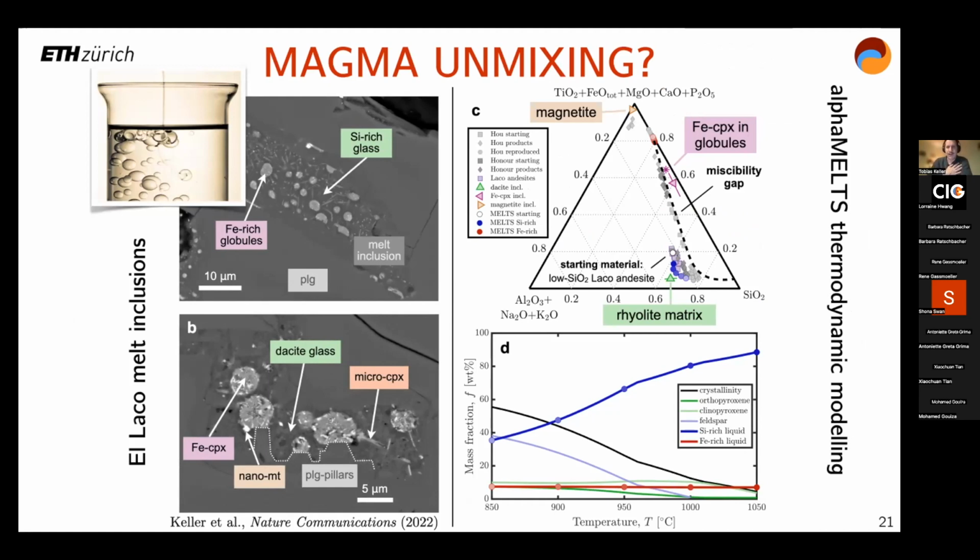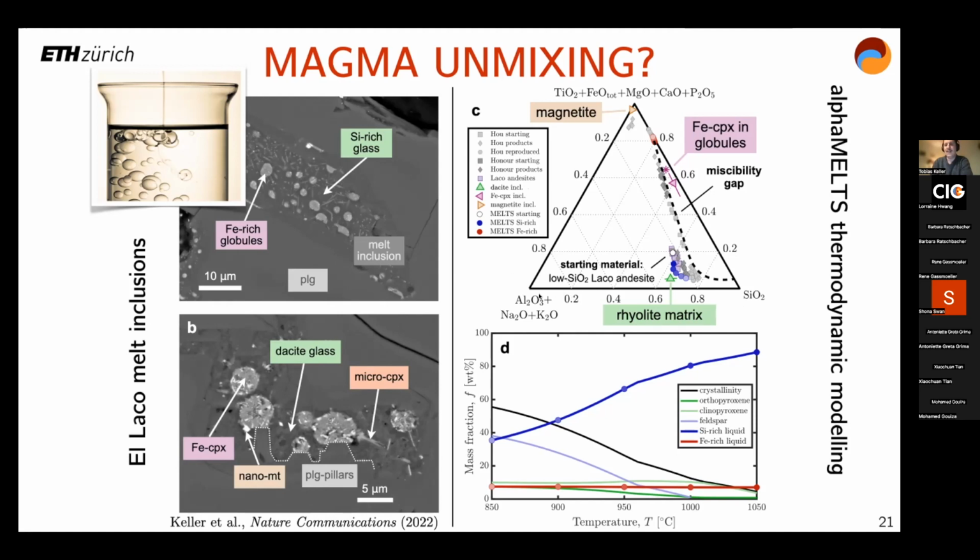As I said, some of our collaborators did analysis where they could actually measure the composition of the dacite to rhyolite matrix and these iron pyroxene compositions in the globules that are mixed together with magnetite. And all of this is plotted on a diagram where on the top are all of the elements that tend to go into the iron-rich melt.